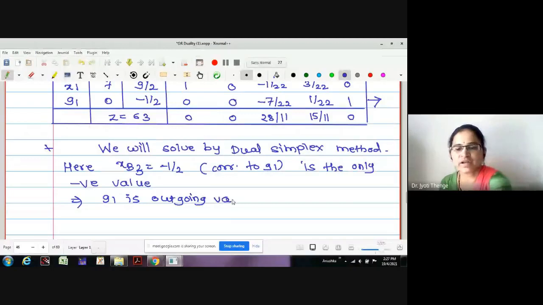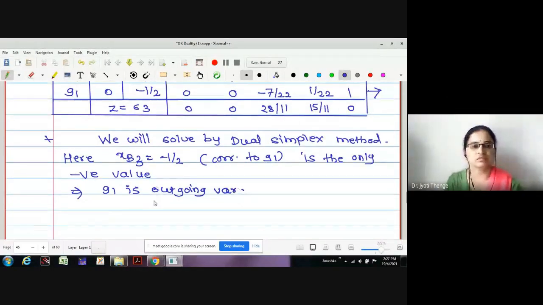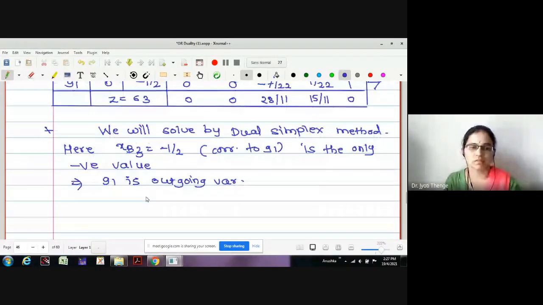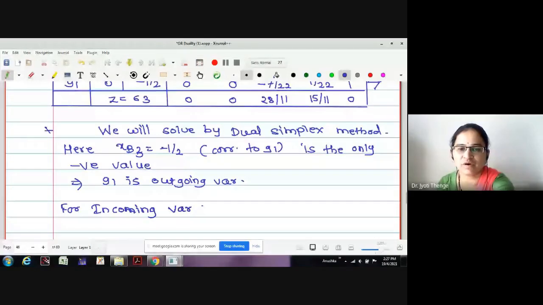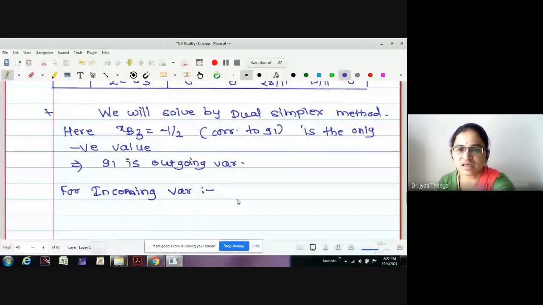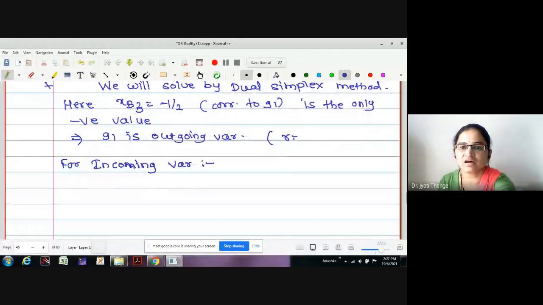What is the criteria for the incoming variable? The ratio we are finding, no? Which ratio were we finding? Delta upon the corresponding negative entry, no? Yes, ma'am. And what is the value of r here then? Is it 3? The third basic variable is leaving the basis.